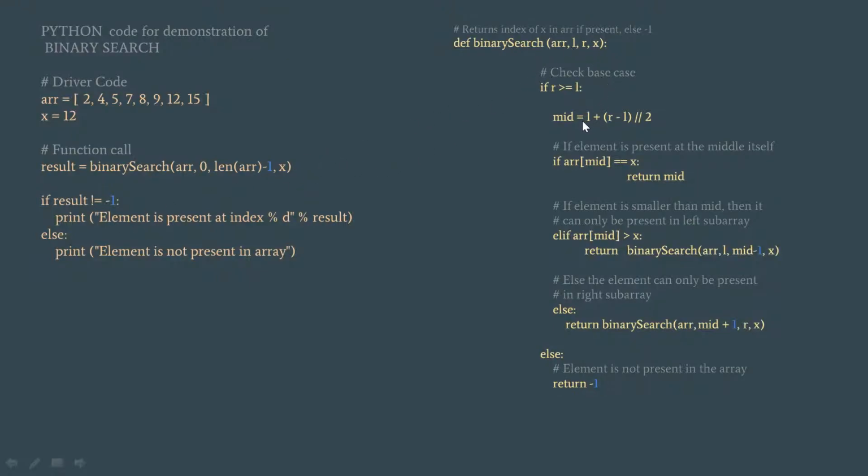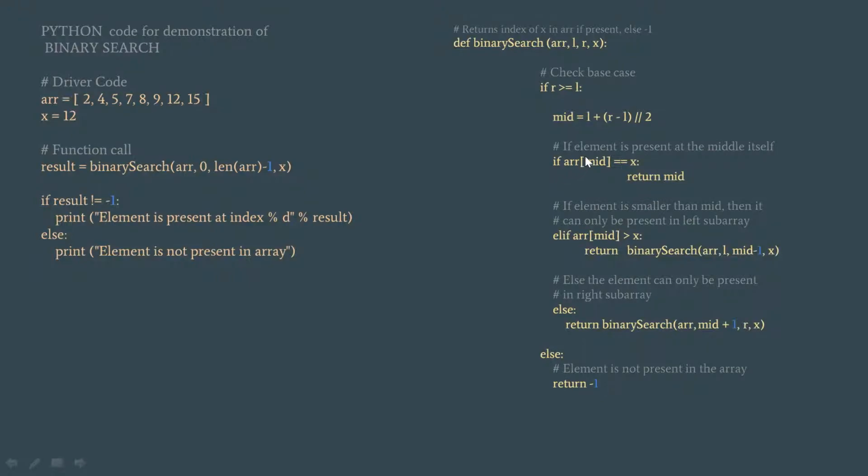So the middle value stores 0 plus r minus l. R minus l means 7 minus 0, and we divide this whole thing by 2. If there is only one slash, it will give the output 3.5 in fractional form, but the double slash shows that we need the whole number. The whole number division gives us 3, which is stored in mid.